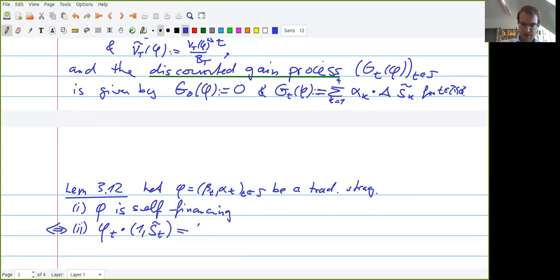As before, self-financing was telling you that you always just rearrange your position, but you never withdraw or throw away money. And this is the same here, just formulated in terms of the discounted price process, right? So you consider the discounted value process and you see you're not throwing away money or withdrawing it.